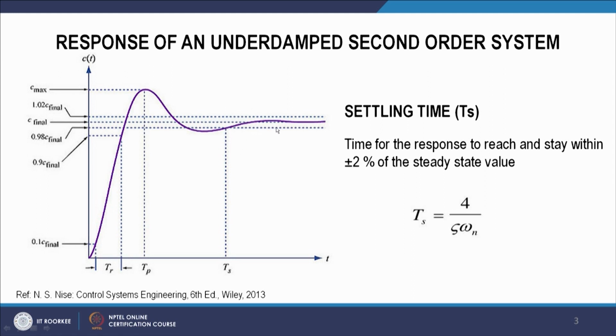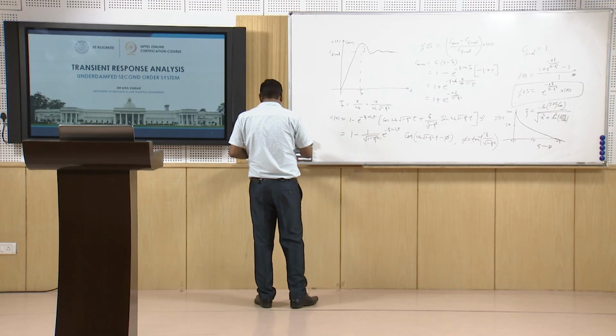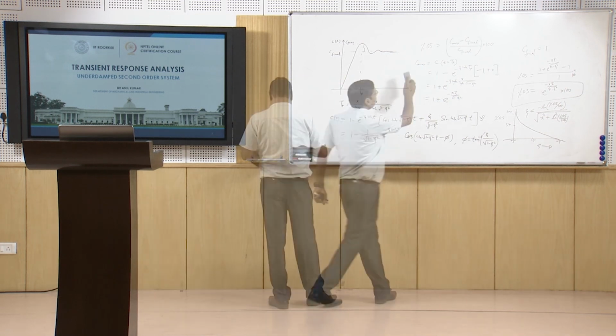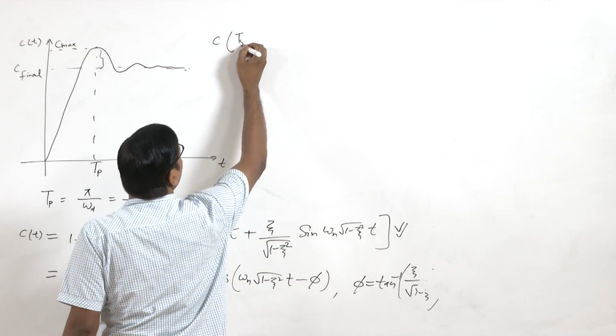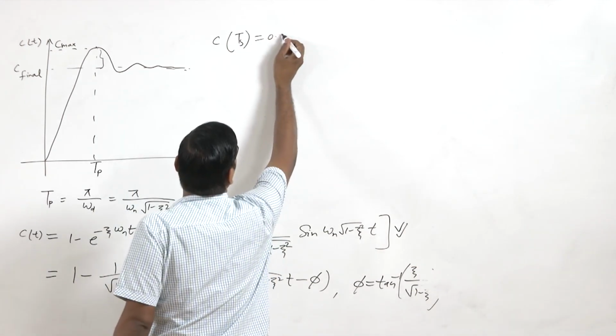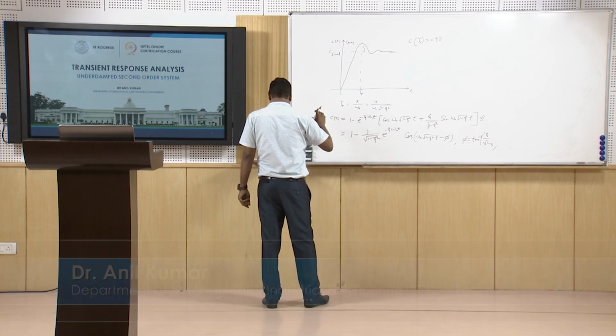So the time when it reaches 0.98 of the final value, we call it settling time, and the settling time we can find. So we can find settling time, c of Ts equal to 0.98.